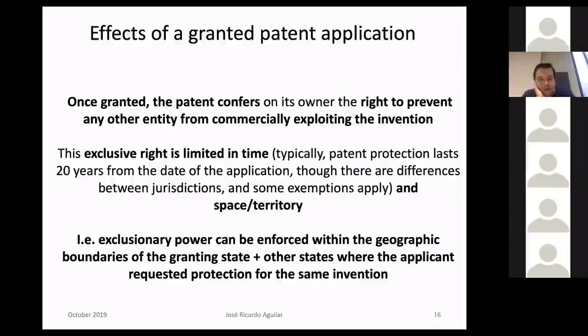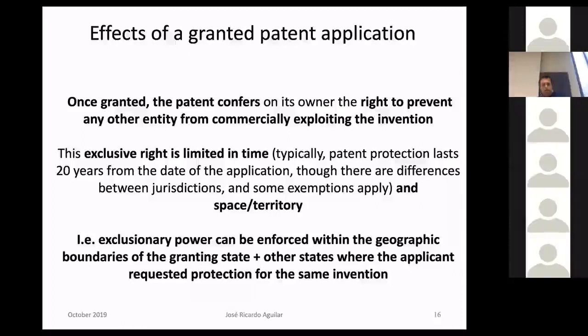Once the patent is granted, and this is a very lengthy process, it can take you 3-4 years, the patent confers to the owner the right to prevent any other entity from commercially exploiting the invention. So this is that idea of monopoly that I already mentioned. This right is limited in time, so normally 20 years, and also limited to the territories that we designate for the protection.